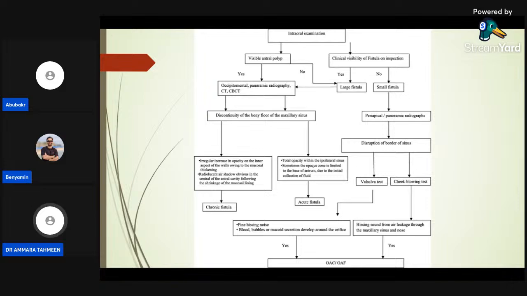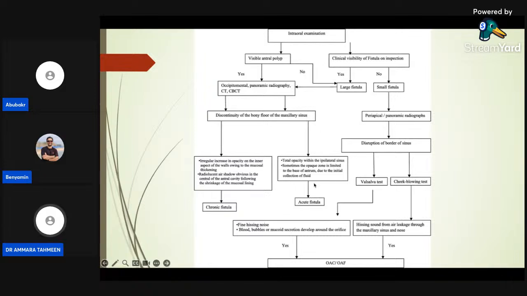And if there is discontinuity of the bony floor of the maxillary sinus, then there will be increased irregular opacity in the inner aspect of the walls from the mucosal thickening seen in the maxillary sinus. And radiolucent shadows also will be there in the center of the maxillary sinus due to the shrinkage of the mucosal lining of the sinus.